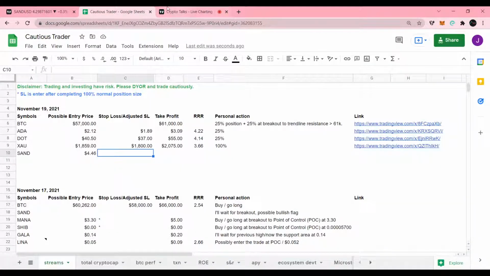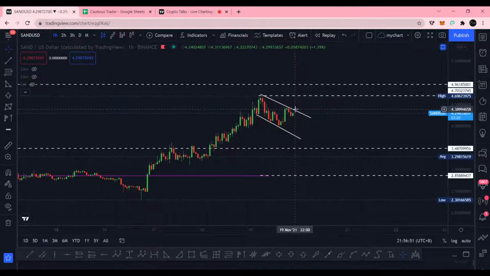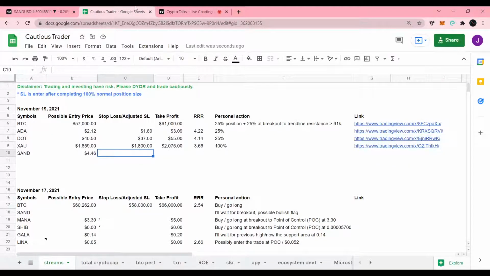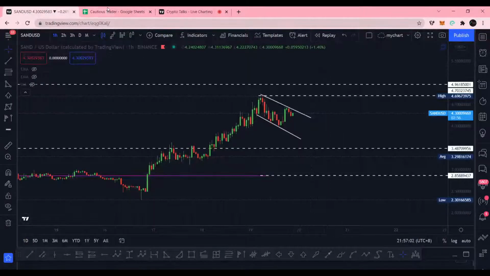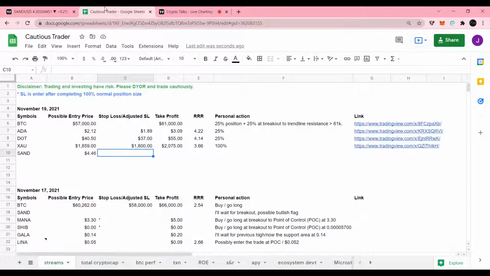So 4.46 more or less. Yeah, even 4.40. But we'll just use that 4.46 and then TP at 4.96. 4.96, that's the daily high, and possibly stop loss.